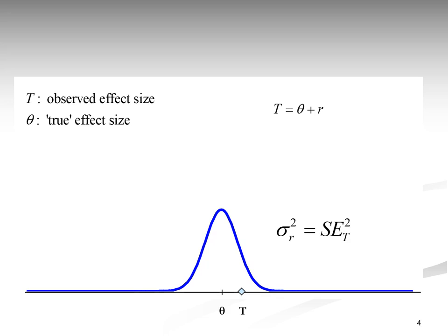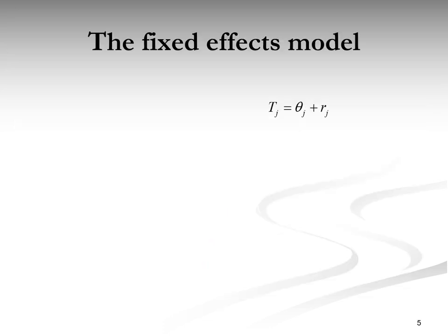So the observed effect size is equal to the population effect size plus a random deviation. We assume that that random deviation is normally distributed with variance equal to sigma squared r, which is equal to the standard error squared, which is equal to the sampling variance. In a fixed effects model that can be used for meta-analysis, if we have a set of observed effect sizes, then each observed effect size is equal to a population effect size plus a random deviation.